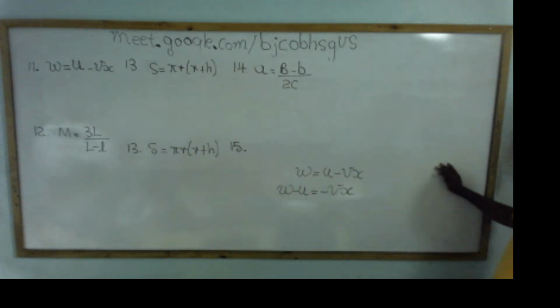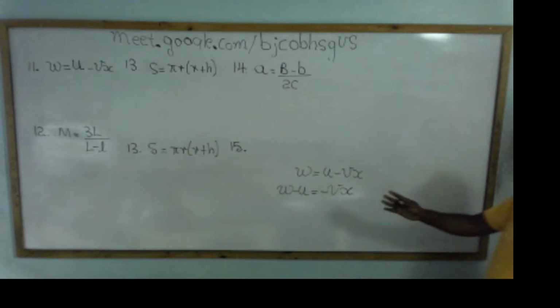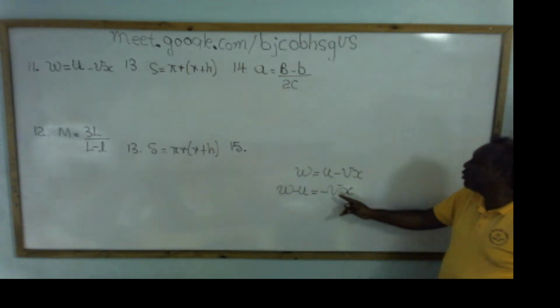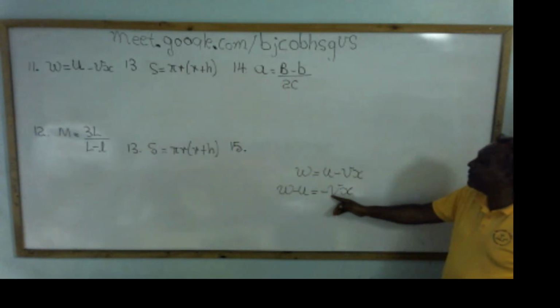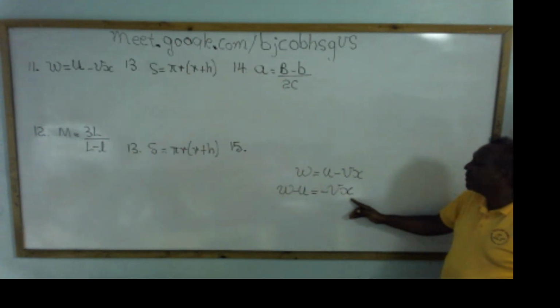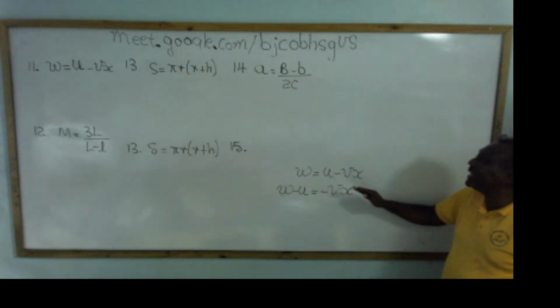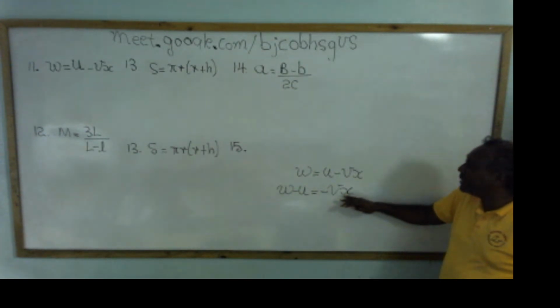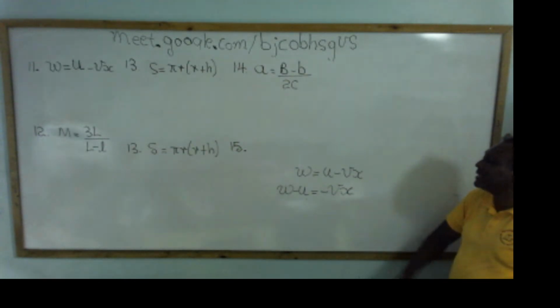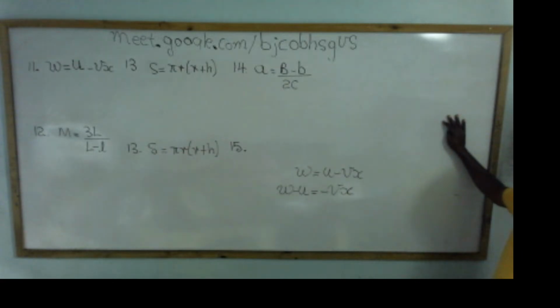You know that the next thing that we need to eliminate is v. What do you need to do in order to make x the subject? You have to eliminate something to make x the subject. What is it that you are going to eliminate in making x the subject?